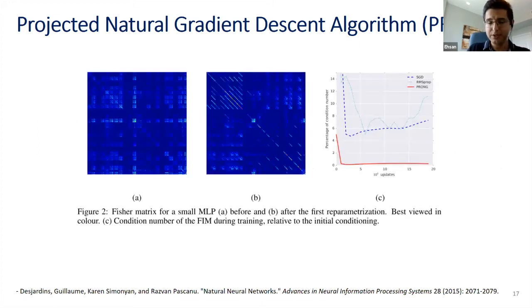Here you can see the results of applying that whitening and this projected natural gradient descent algorithm. This one is before the whitening, and this one is the Fisher information matrix obtained after applying the whitening of the feature vectors.